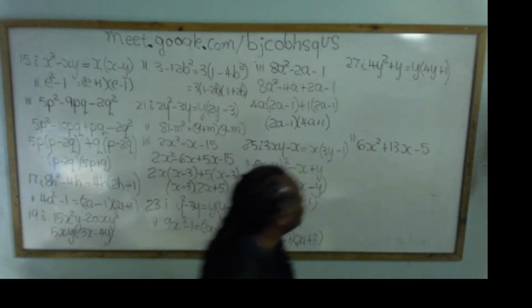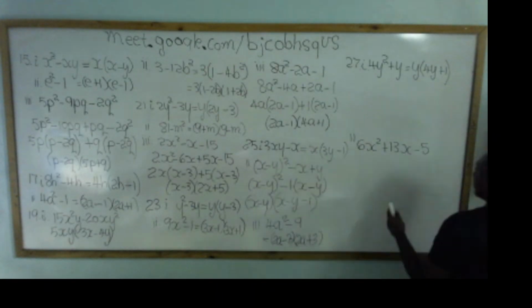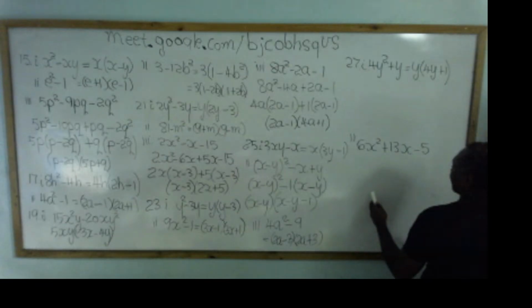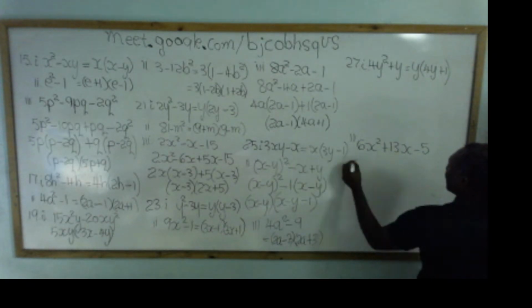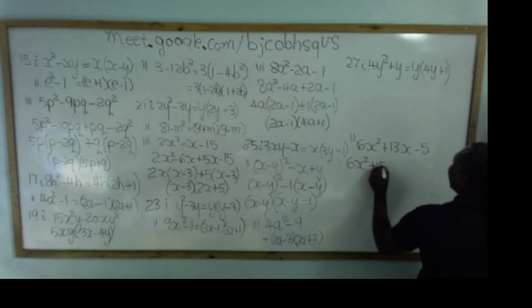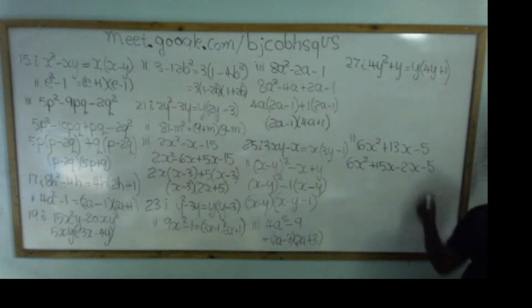Alright, no answer? 6x squared plus 15x minus 2x minus 5.